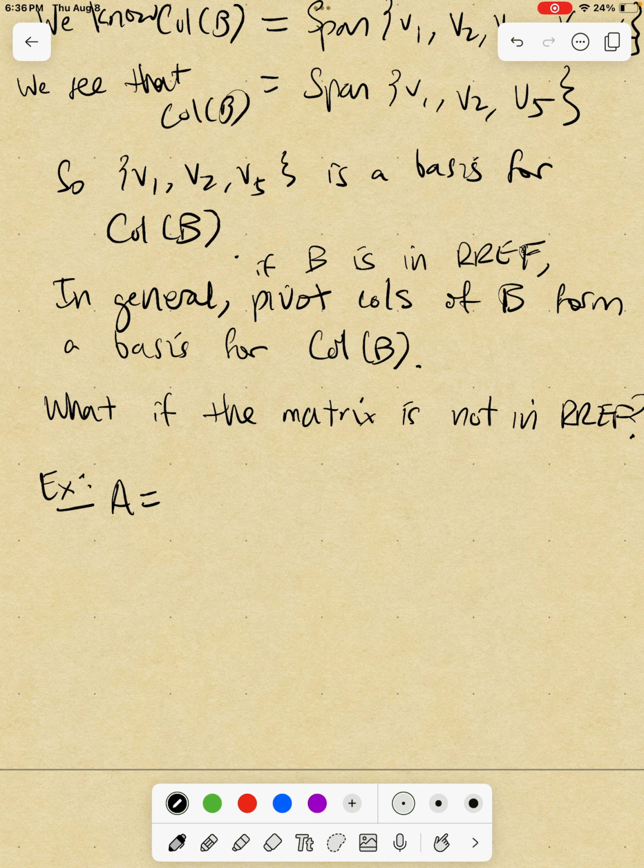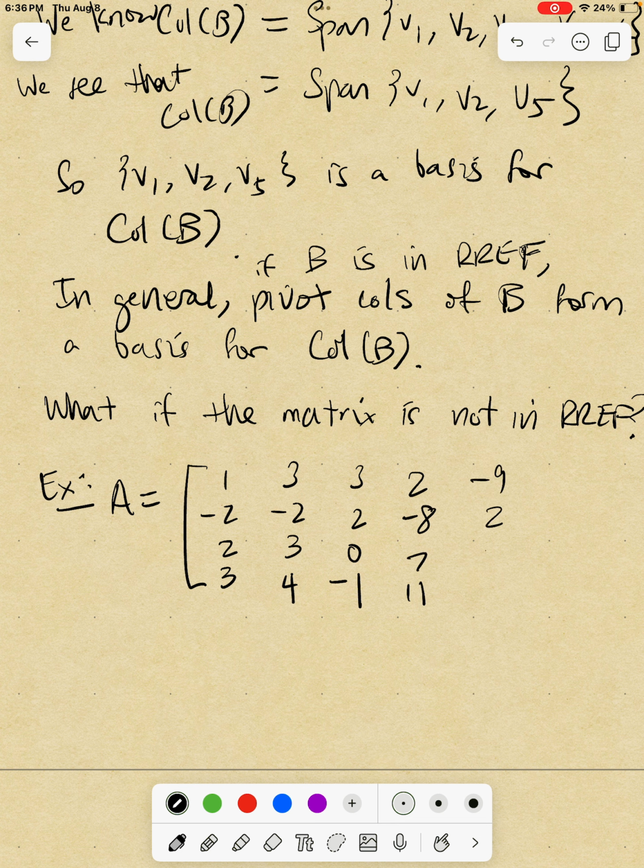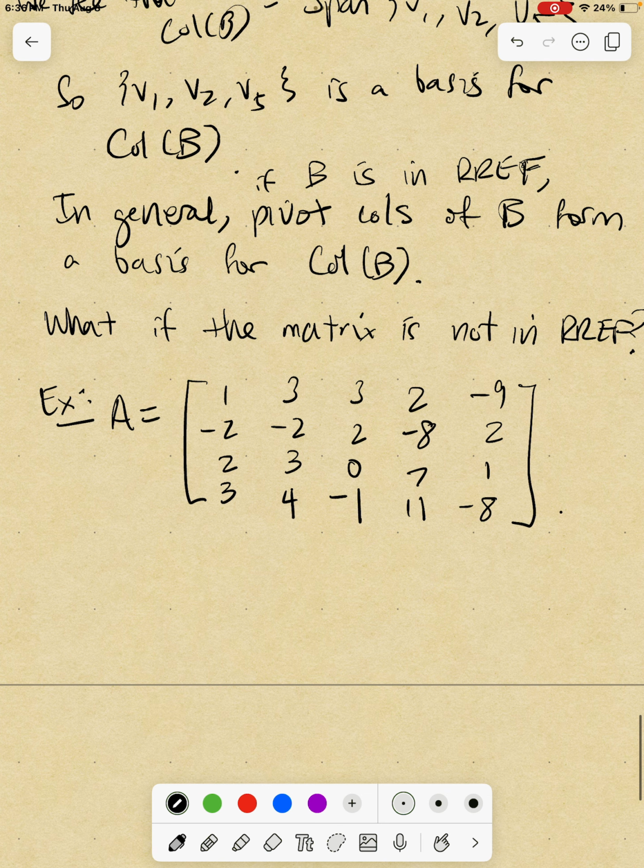So let's say that A is this matrix: 1, negative 2, 2, 3, 3, negative 2, 3, 4, 3, 2, 0, negative 1, 2, negative 8, 7, 11, negative 9, 2, 1, negative 8. Now it turns out that the reduced row echelon form of A is B, which is the matrix we had before.